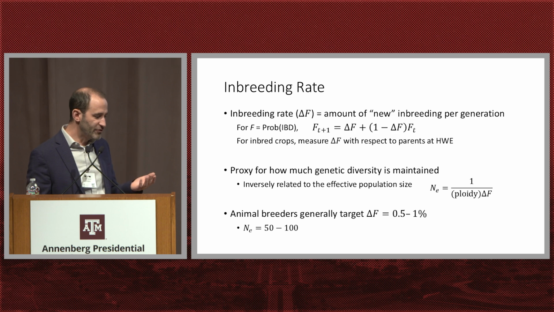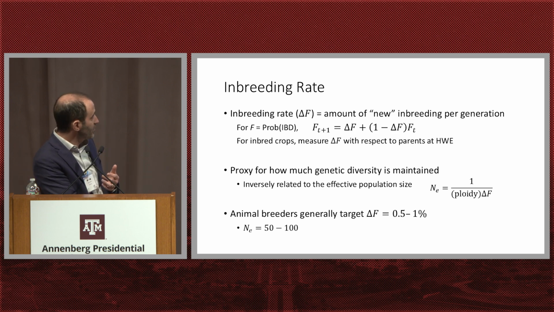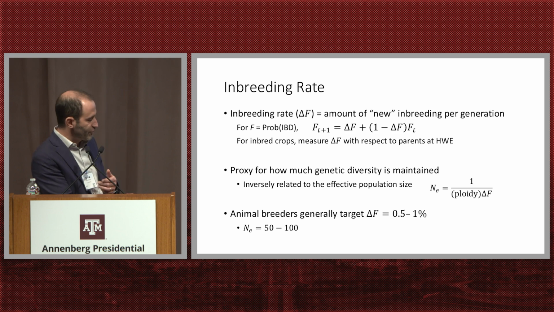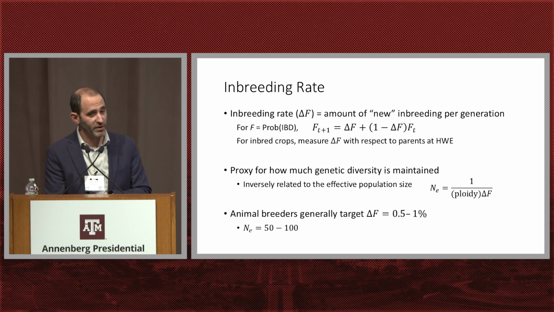So the inbreeding coefficient, F, in generation T plus 1, so the progeny generation relative to the inbreeding coefficient of the parental generation has this relationship that the two genes are IBD in the offspring dependent upon whatever your inbreeding rate is, and then the complement of that times whatever the inbreeding coefficient was of the previous generation.